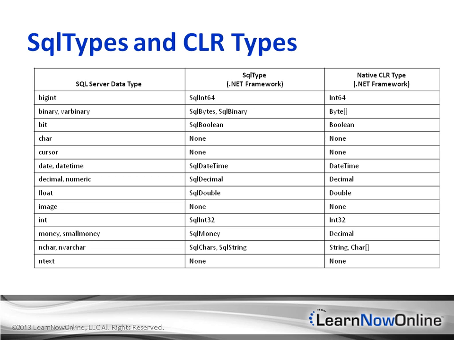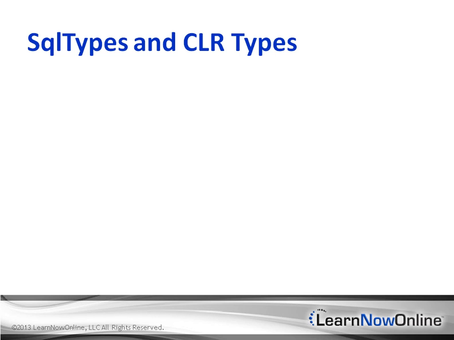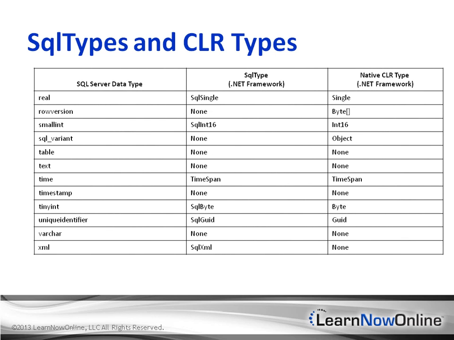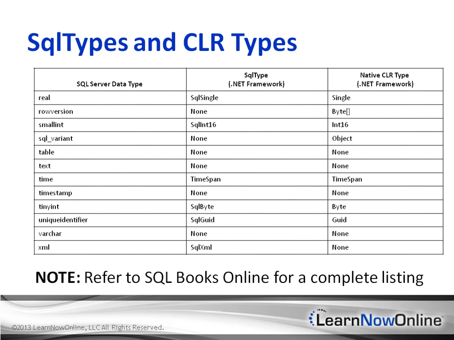Now, not every one of them has a one-to-one correspondence, but most of them do, so make sure that you use the appropriate one when writing your procedures. And as always, refer to Books Online for a complete listing.